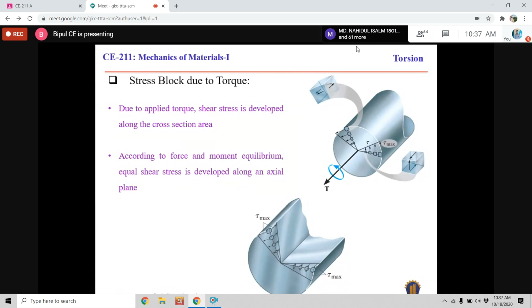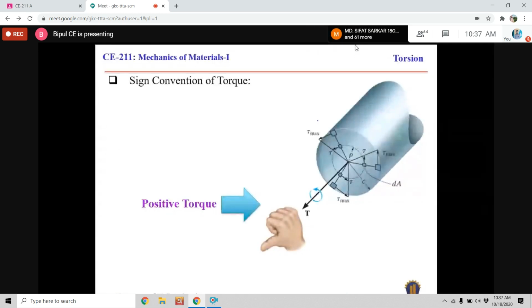A stress block is nothing but a block shown with the developed or resisting stresses. Then the sign convention. Like in the bending moment diagram, we consider positive or negative bending moment depending on the deformation of the structure, similarly if we apply torque, the structure will be deformed.